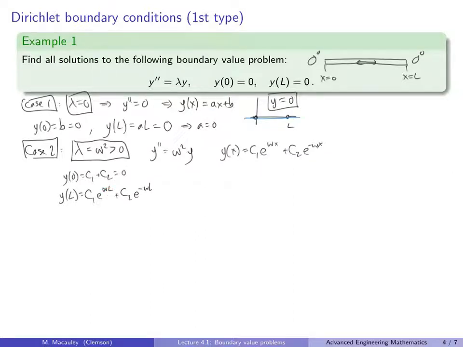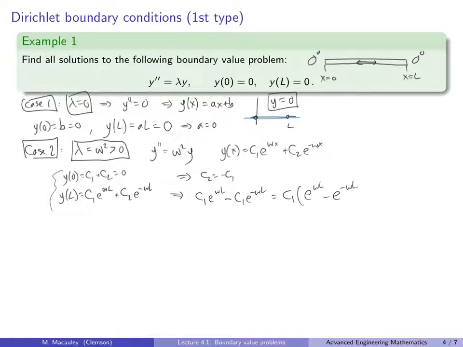That's all we care about. I should say that L is positive. Okay, so we need to solve this system. This first one tells us that c2 equals negative c1. So if we plug that in here, what we get is c1 e to the omega L minus c1 e to the negative omega L, which is c1 times e to the omega L minus e to the negative omega L, equals 0.